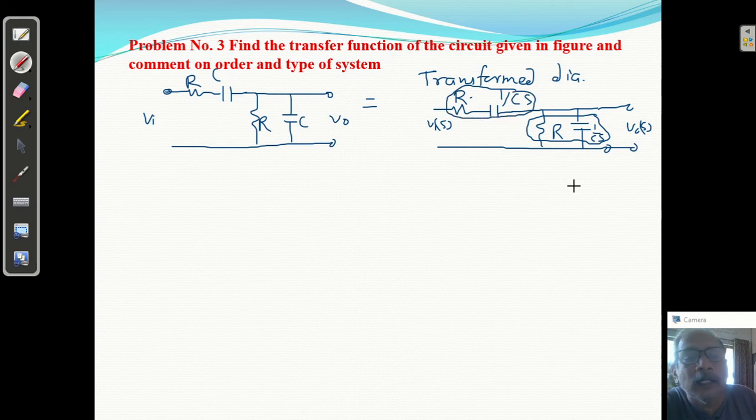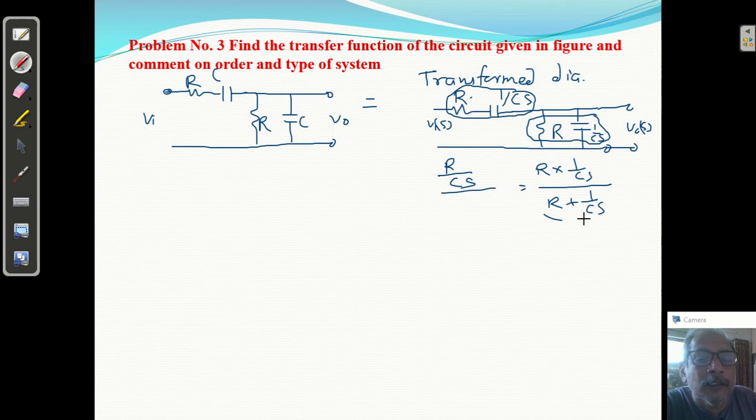Okay, so क्या आएगा इन दोनों का पैरेलल कॉम्बिनेशन, R into 1 upon CS upon R plus 1 upon CS, right ना, Z1 into Z2 upon Z1 plus Z2. So you will get, यहाँ आएगा RCS, this will be cancelled after taking, यहाँ LCM लेंगे, so you will get R upon CS upon LCM लेने के बाद RCS plus 1 upon CS will be cancelled.